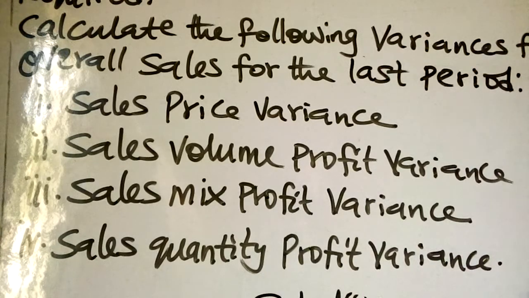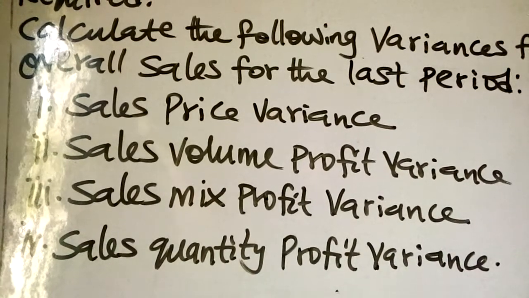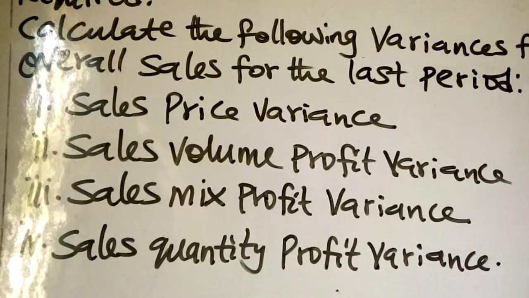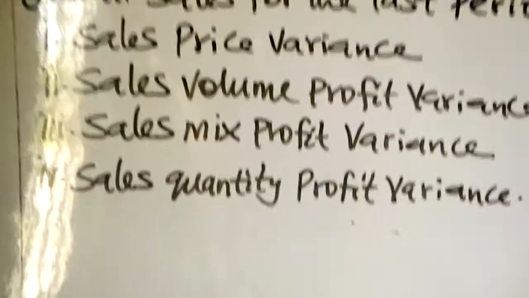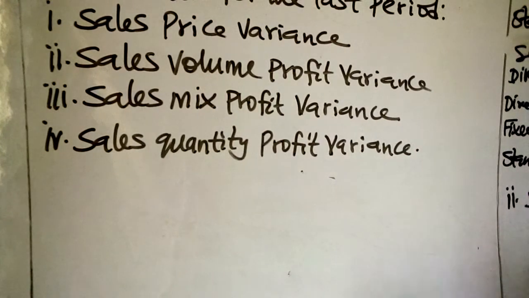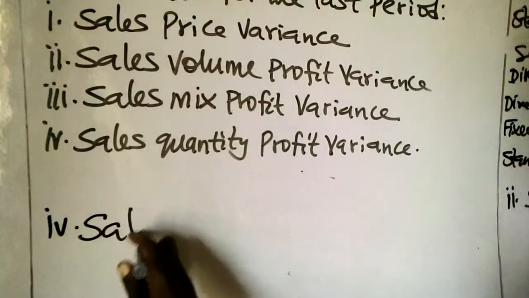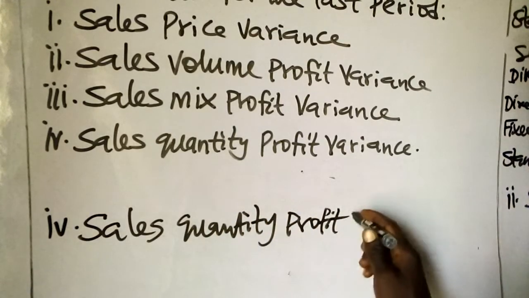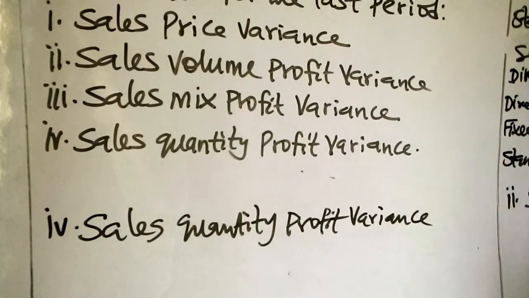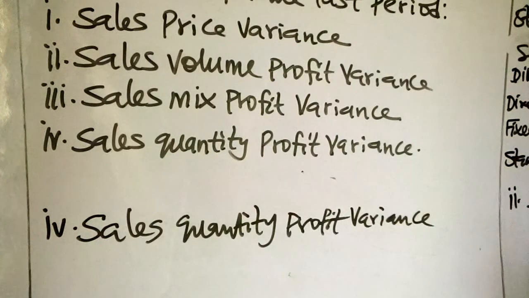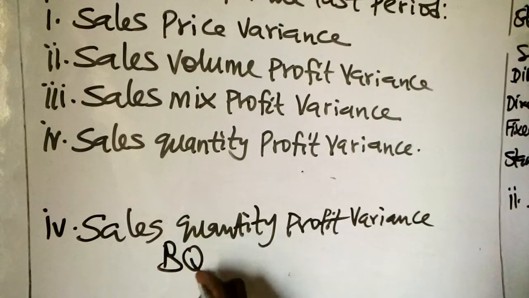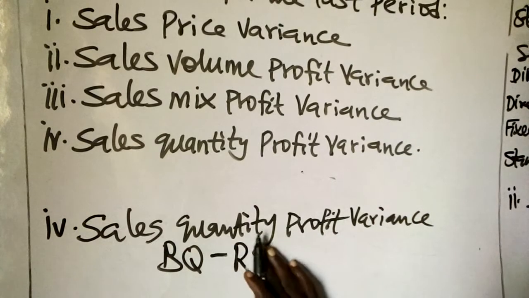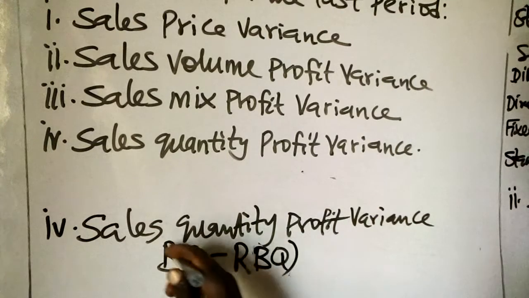That is requirement 4. I've told you that the sales quantity profit variance is budgeted quantity minus revised budgeted quantity, multiplied by the standard profit.